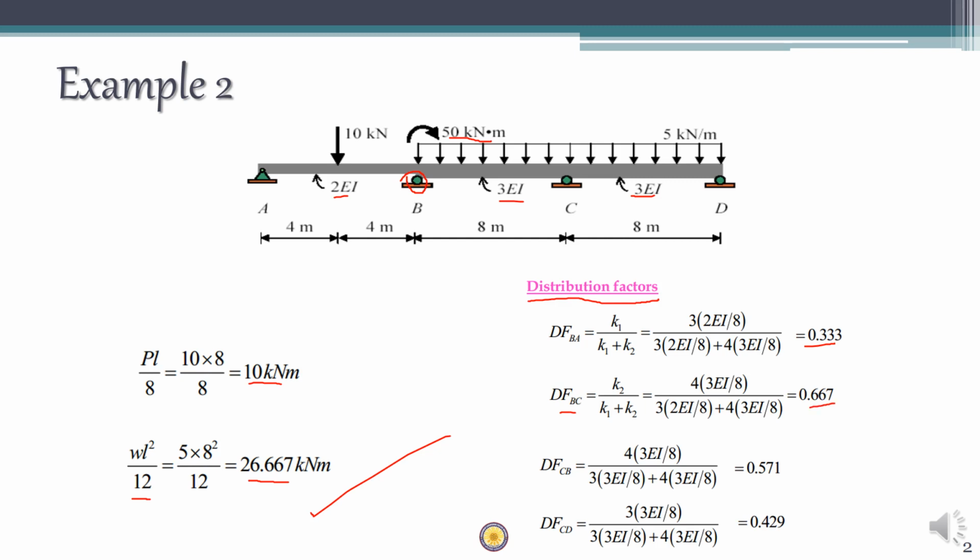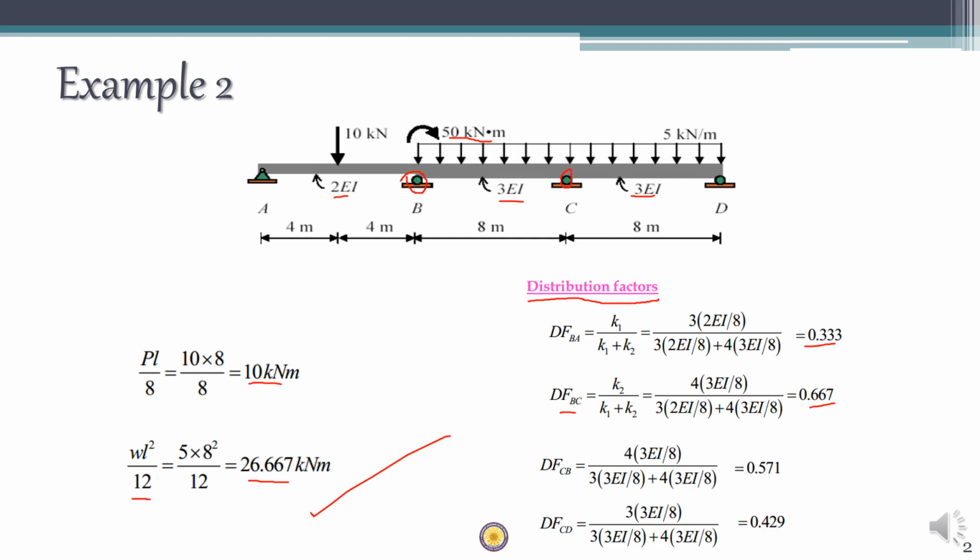At joint C, distribution factor for CB is equal to stiffness of CB, so KCB divided by KCB plus KCD, right? For KCB, the far end is an internal support, which can be treated as a fixed support.